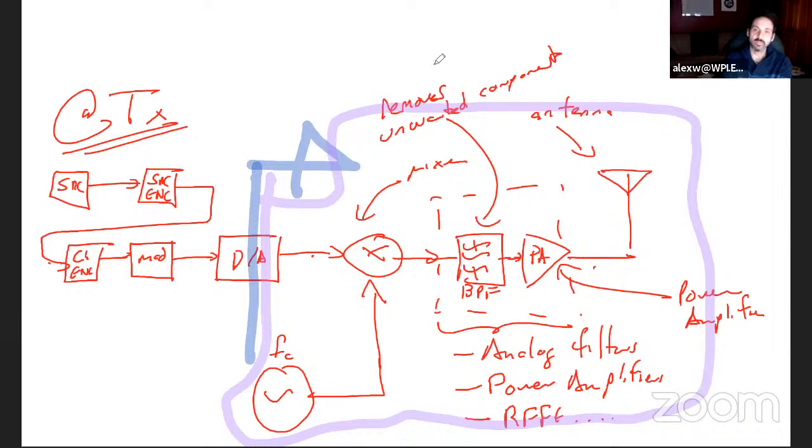In this implementation I just drew, in this lecture and the next, I want to point out several key components that have very significant influence. We have a transmit power at the transmitter.